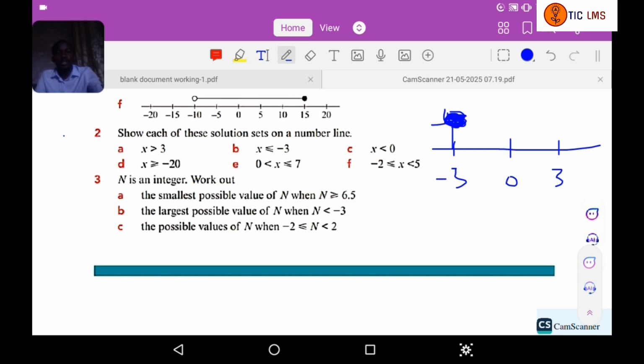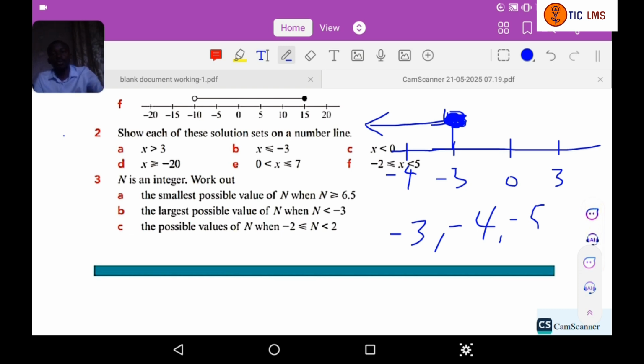It says less than or equal to. When you hear less than, that means we are going to the left. So we move to the left in this direction. The values that are less than or equal to negative 3 include negative 3 itself, then negative 4, negative 5, and so on and so forth.